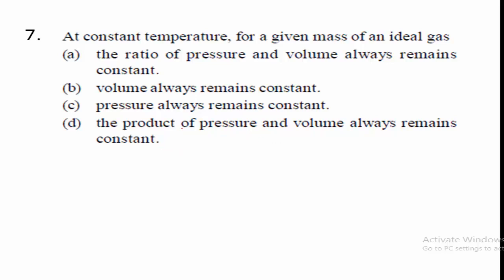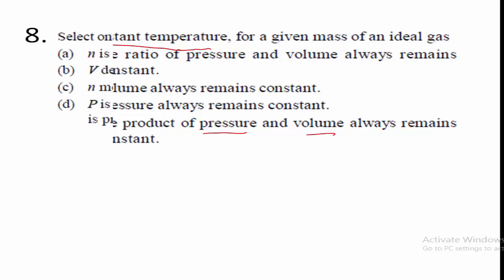So for an ideal gas, as you know, PV is equal to nRT, n and R are constant, T temperature is also kept constant here, they have mentioned constant temperature. So PV is equal to a constant value. Therefore PV, that is product of pressure and volume, always remains a constant. Therefore option D is the right one.